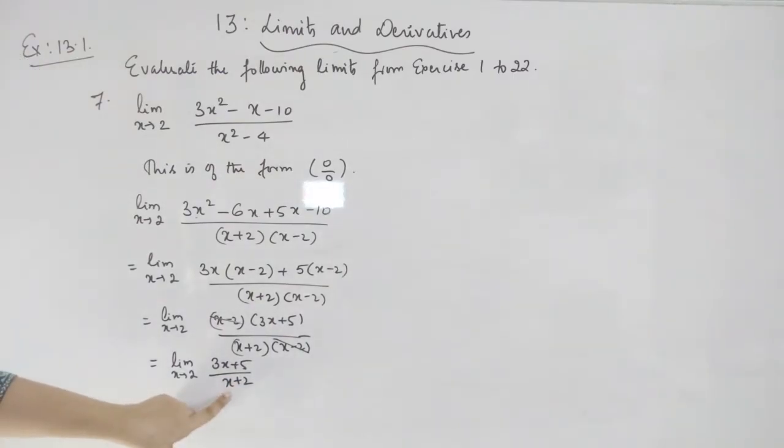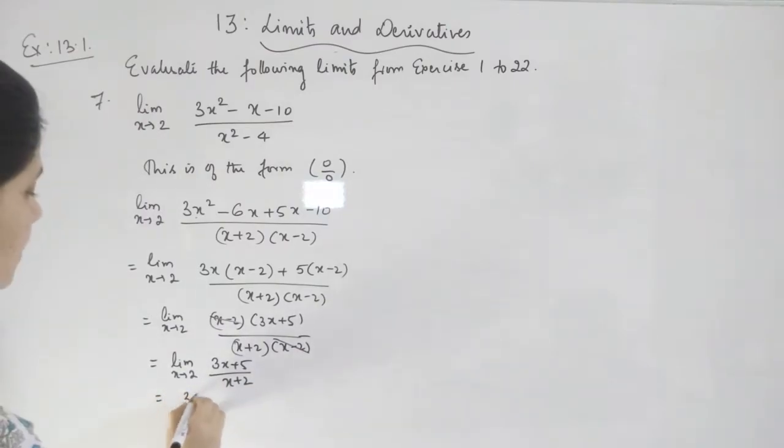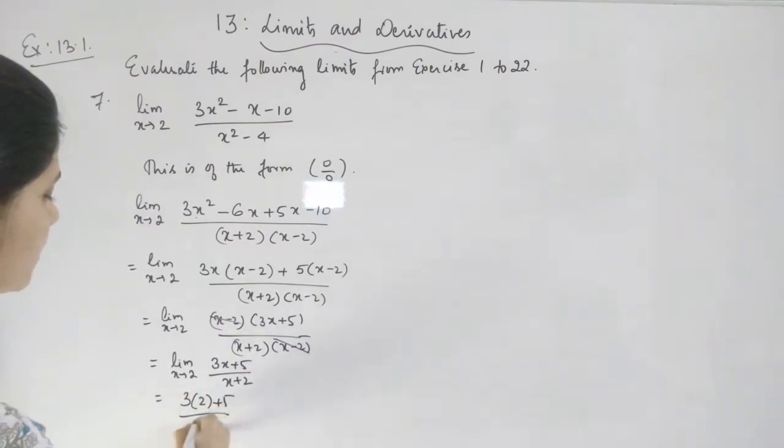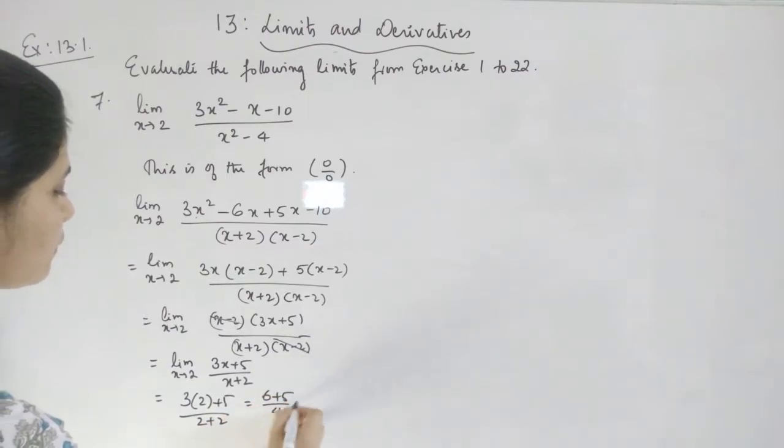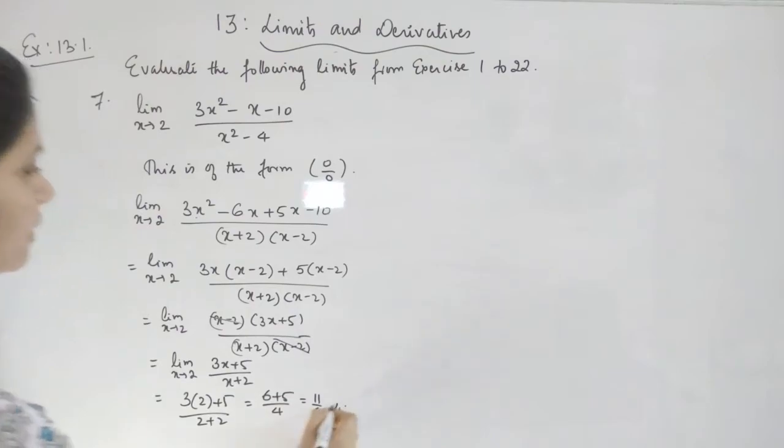Now just see, here it is x plus 2. If x is given the value 2, you will get 4 here. So the numerator as well as the denominator is not giving you 0 by 0 form. So we can just replace the value. What you will get here is 3 into 2 plus 5 divided by 2 plus 2, which will give you 6 plus 5 divided by 4, or 11 by 4.